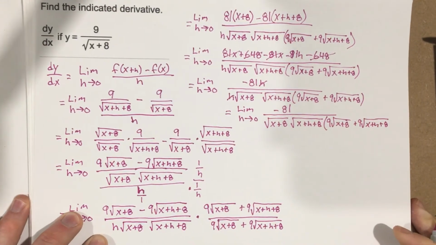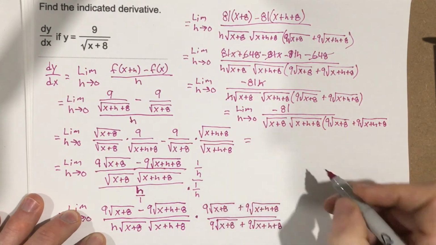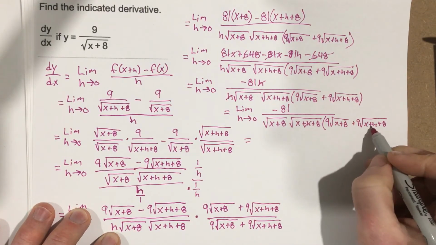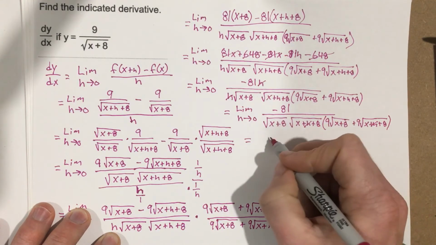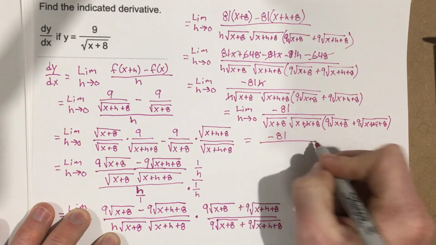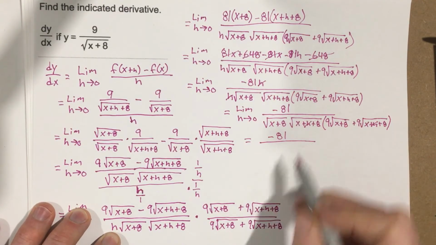Alrighty. Let's go ahead and plug in the 0 for h. That's going to cancel here. That'll cancel this. And so we're going to end up with negative 81. And this will give you root x plus 8 times root x plus 8 inside here.